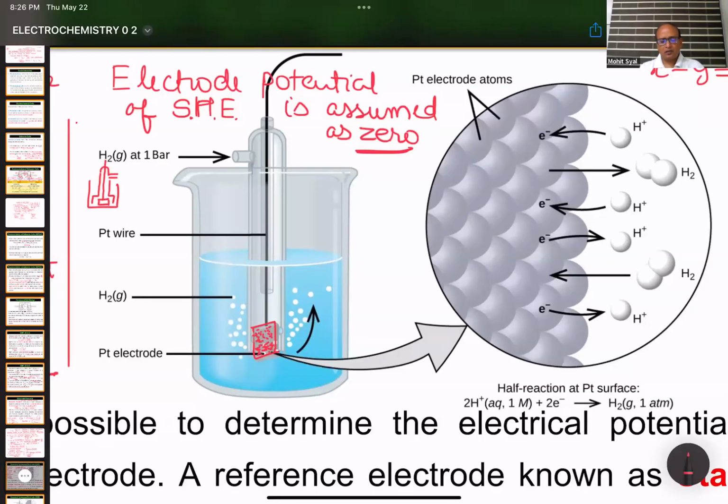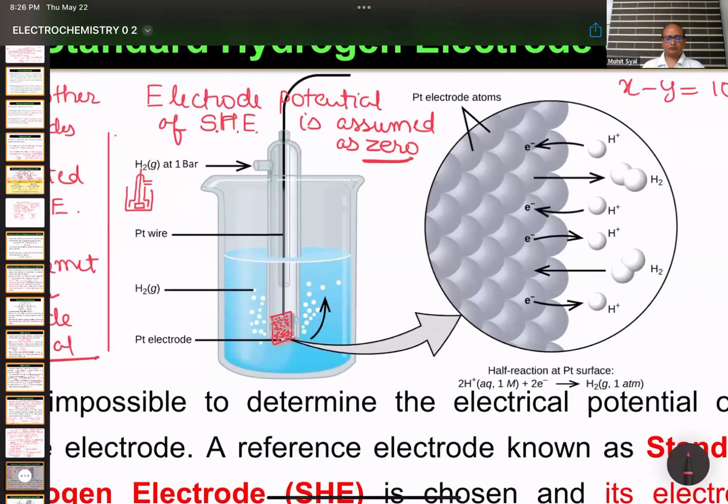So what is the role of the platinum wire in the standard hydrogen electrode? Can you tell me? What is the role of this platinum?